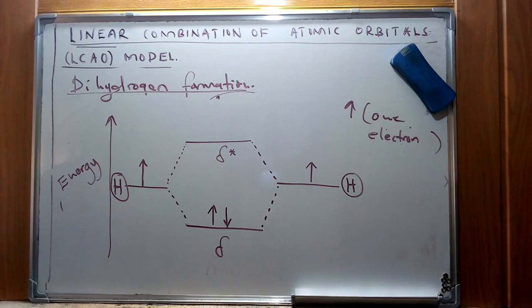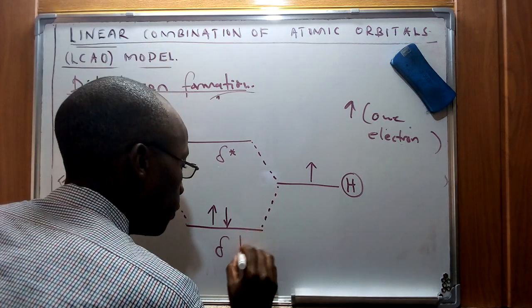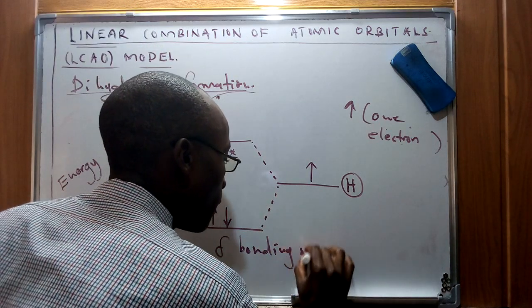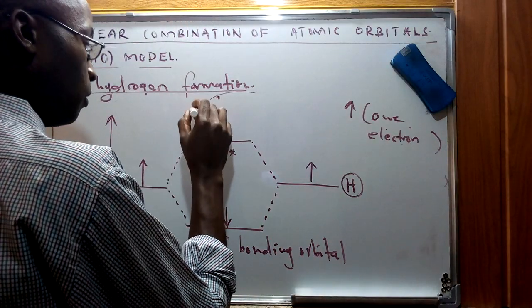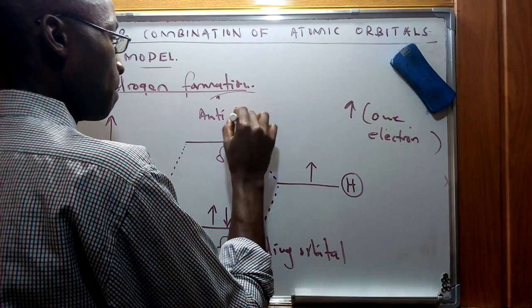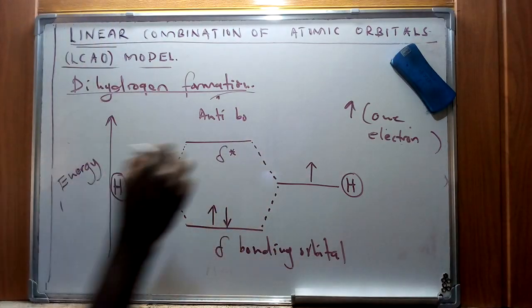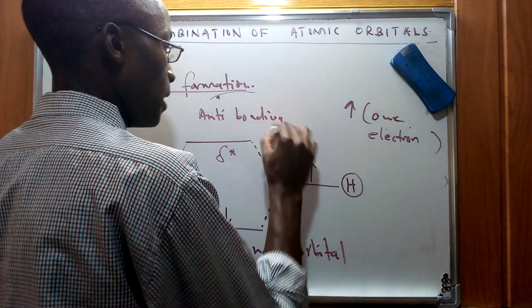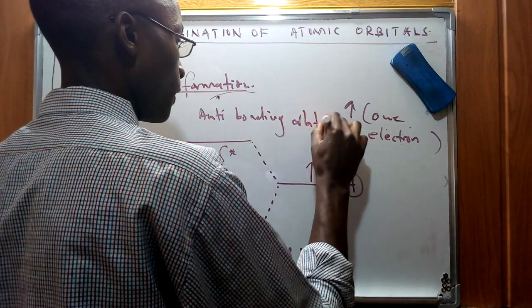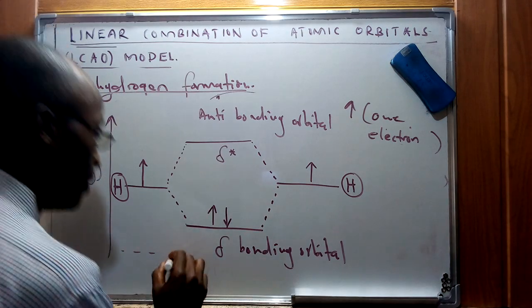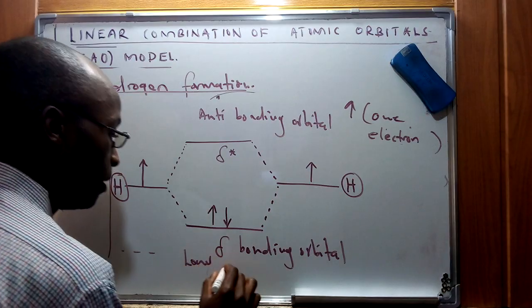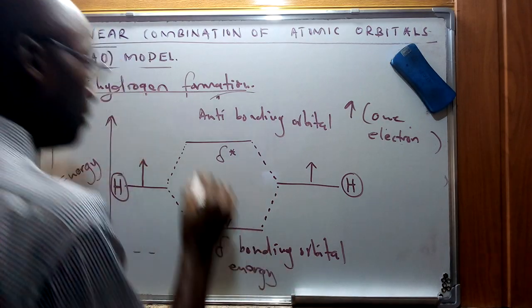As we have explained, the sigma bond is going to form what we refer to as the bonding orbital, while the sigma star is going to show the antibonding orbital. I had mentioned earlier that the bonding orbital is going to appear in the low energy. From this diagram, we can see that this is a low energy level and this is a high energy level.